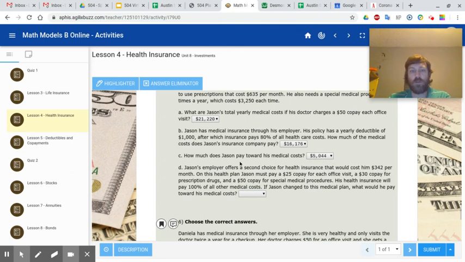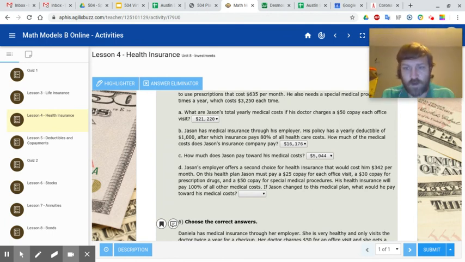5,044. Then it says Jason's employer offers a second choice, which costs him $342 per month. On this health plan, he must pay $25 for each visit, $30 for drugs, and $50 copay for special medical procedures. The health insurance pays 100% of all other costs. If Jason changed to this plan, what would he pay towards his medical costs? I'm not exactly sure.